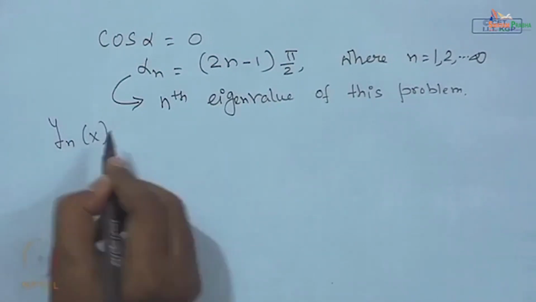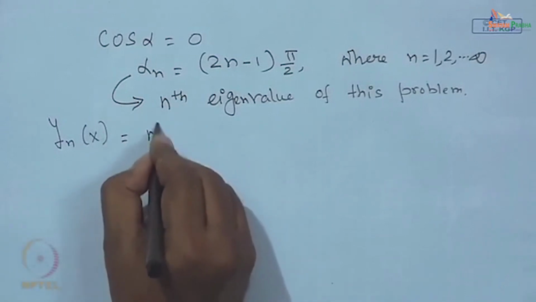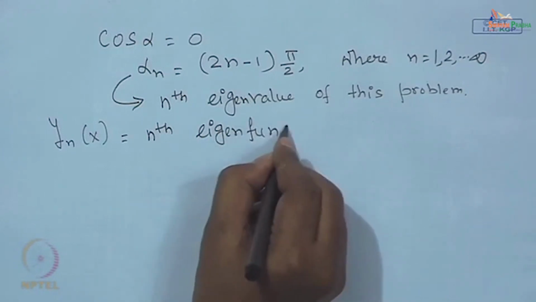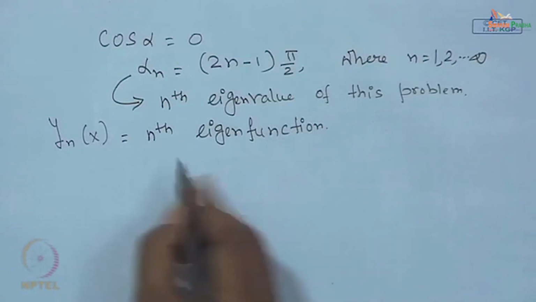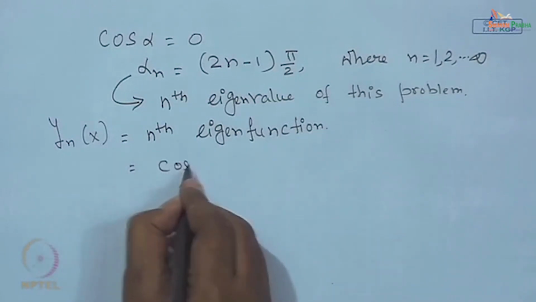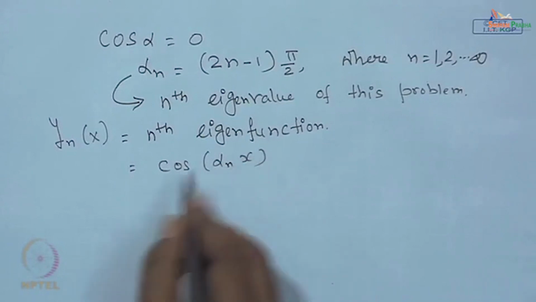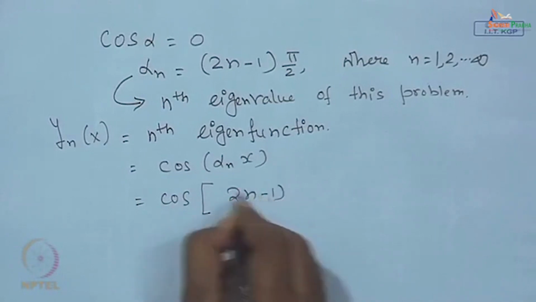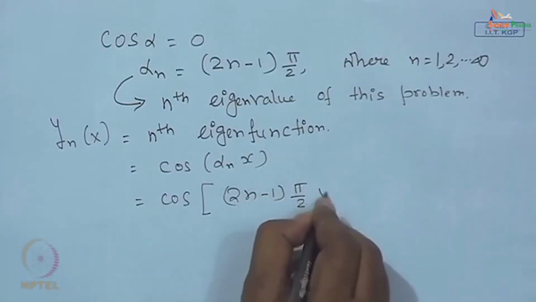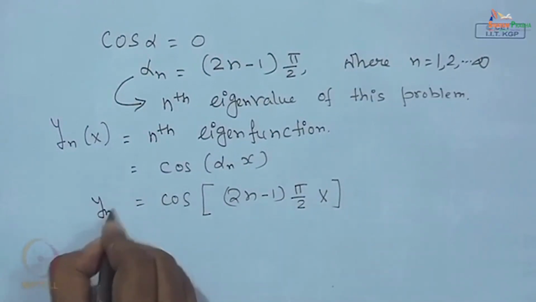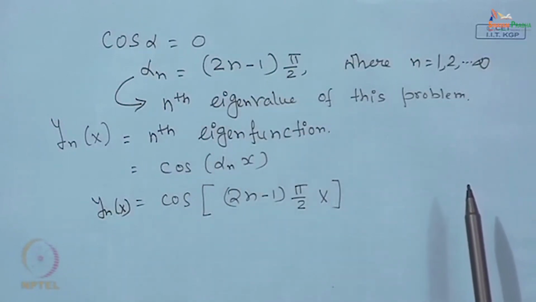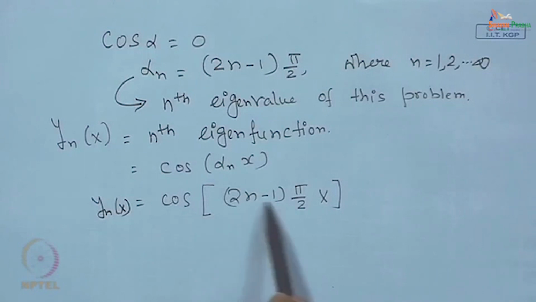So, y n as a function of x is the nth eigenfunction, and this becomes cosine alpha n x. Therefore, this becomes cosine of 2n minus 1 pi by 2 into x. So, alpha n is equal to 2n minus 1 pi by 2 is the nth eigenvalue, and y n, cosine of 2n minus 1 pi by 2 times x, is the nth eigenfunction.